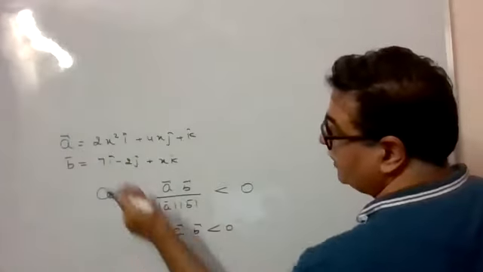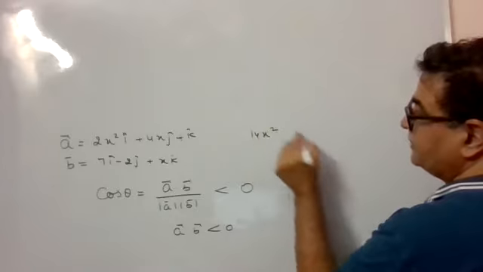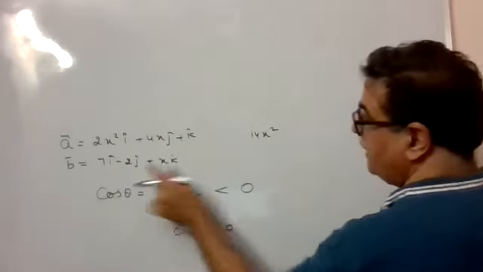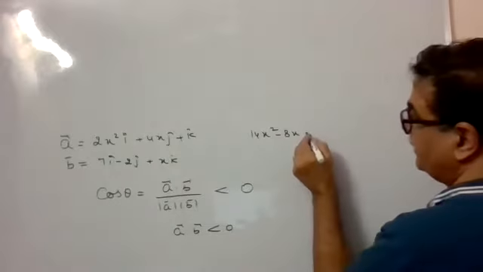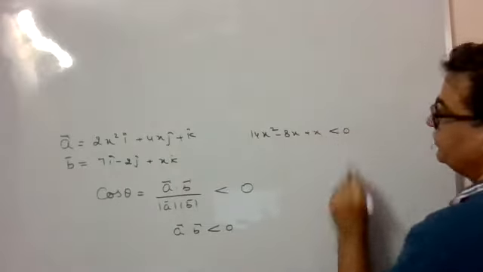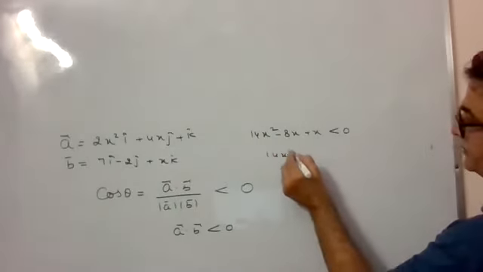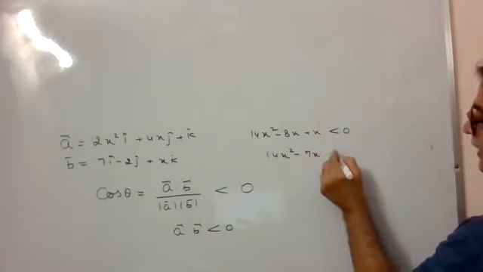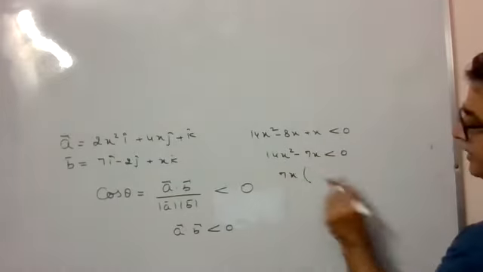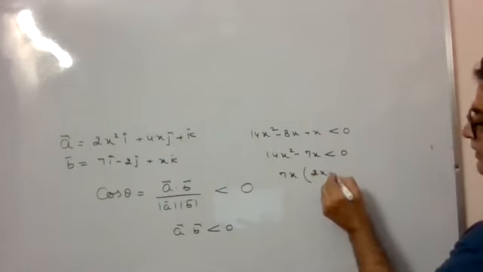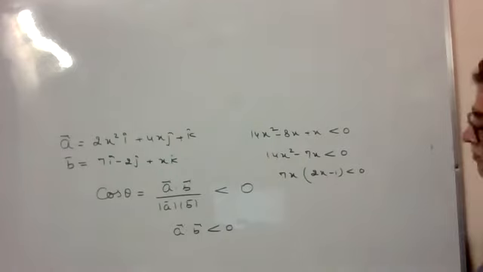A dot B, what will it come to? 14x square minus 8x plus x comes less than 0. It comes out to be 14x square minus 7x less than 0. We take 7x common, left is 2x minus 1 less than 0.